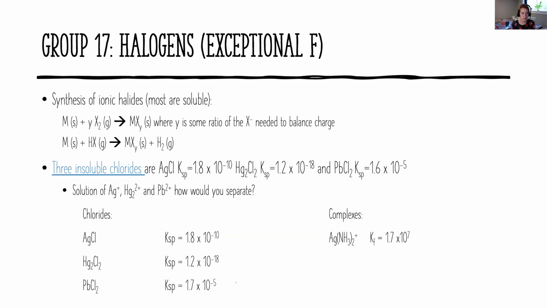Okay, so synthesis of ionic halides, most of these are soluble. So again, if you just take any metal and you react it with some stoichiometric coefficient of a halide gas, you end up with that metal halide, right? So if I wanted to take chromium and bromine, so Cr solid, and then 2 Br2, this gives you CrBr3 if that ends up being chromium in the 3+ state or whatever.